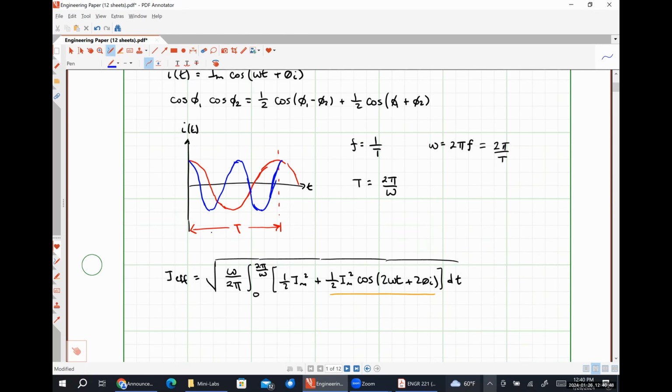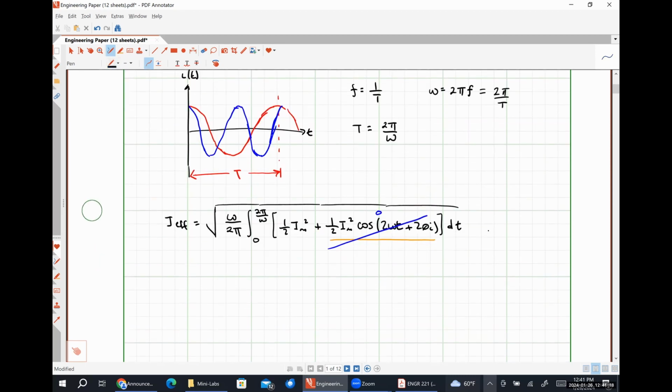So I'm integrating over exactly 2 cycles of that double frequency waveform. So what's the integral of a sinusoidal function over any integer number of cycles? 0, because exactly half of the time it's above the axis and exactly half of the time it's below the axis. So the integral of this entire term literally just looks like 0.